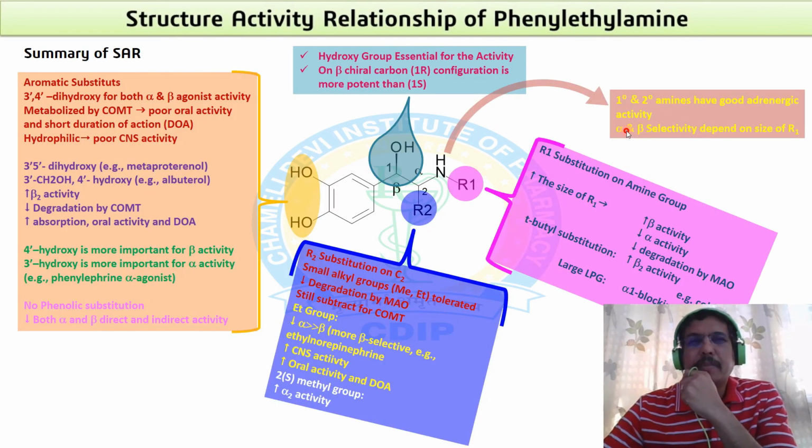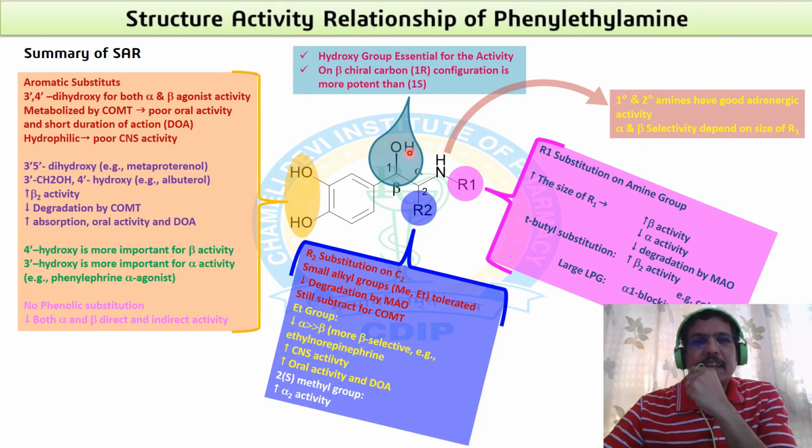And this is the summary of what I discussed in the previous slide. There are key areas where we can go for modification. This is the hydroxy group on the phenyl ring of phenylethylamine, where we modify and activity is changed in the fashion which we already discussed.